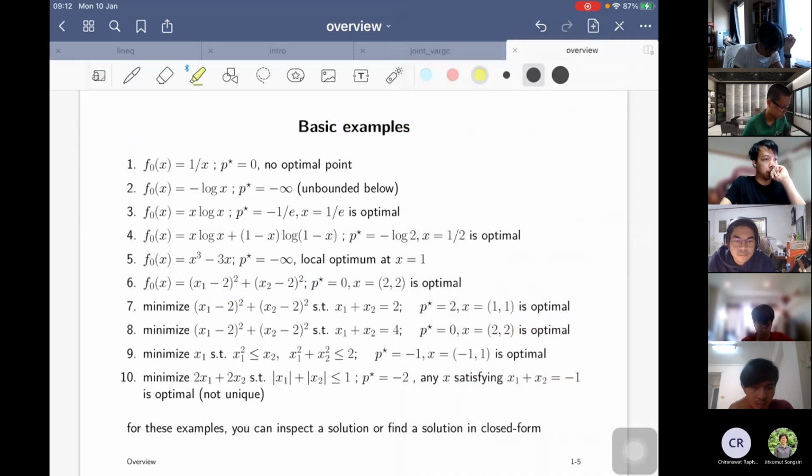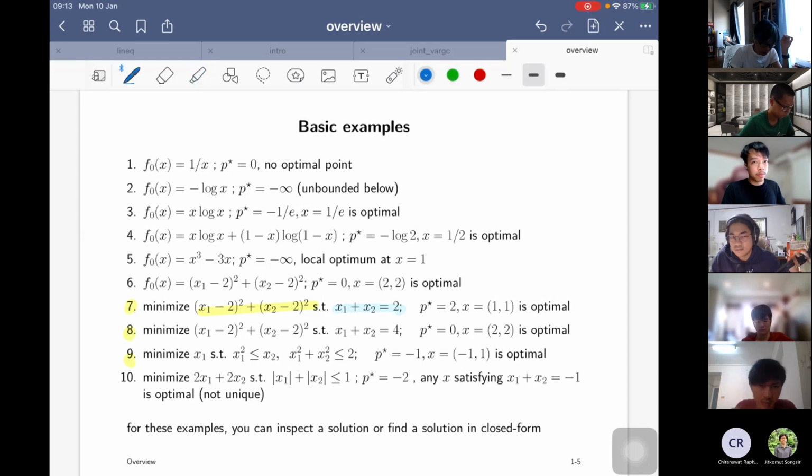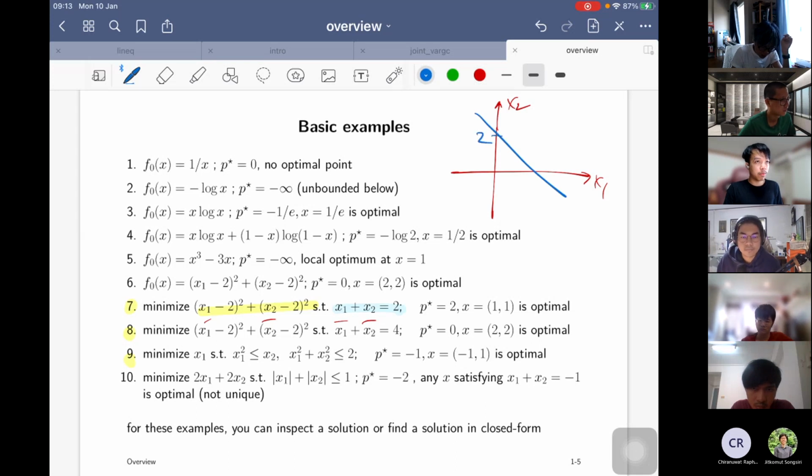Now take a look at problems 7, 8, 9. For 7, the same objective value, but now we have a constraint set. Suppose this is an equality constraint. Now I'm going to sketch the equality constraint set on the R2 plane, because our optimization variable is a vector in R2. As you see, this is a line, right?